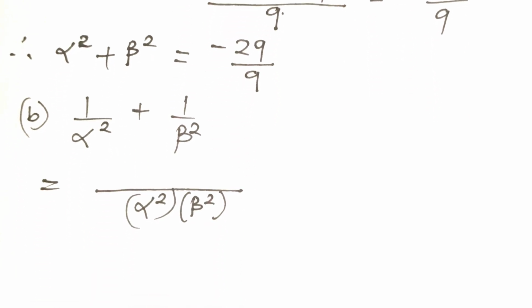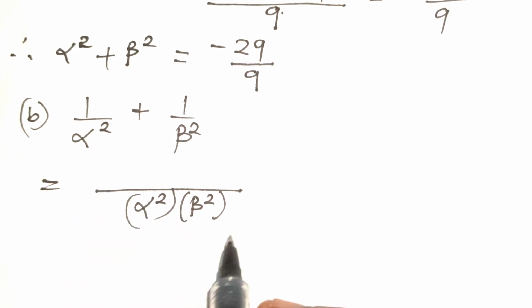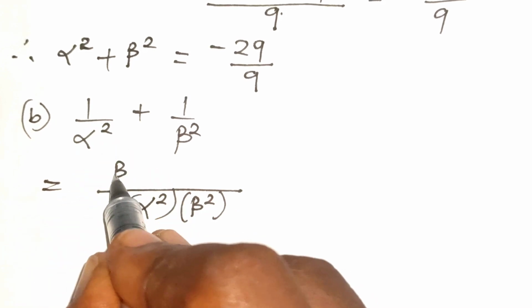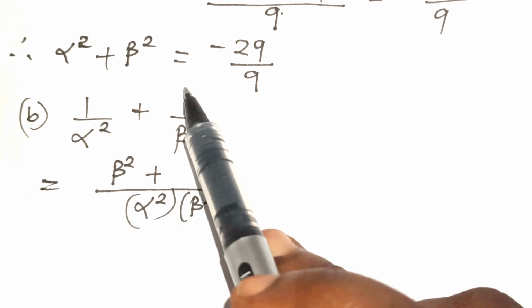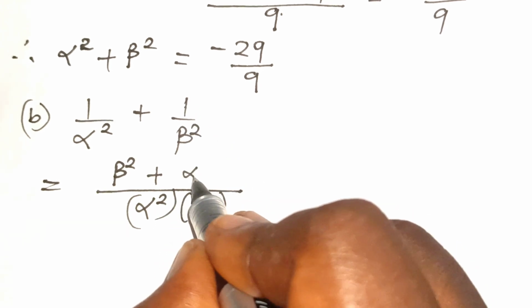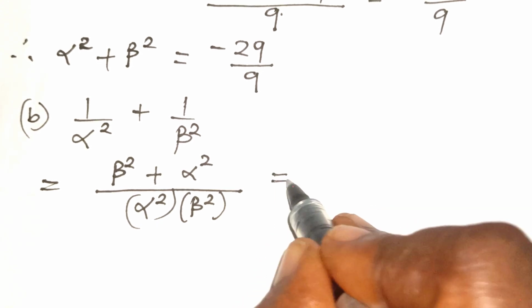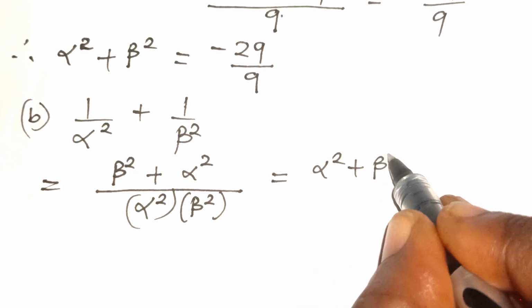Alpha squared into this will give us beta squared multiplied by 1, we still have beta squared, plus beta squared into this will give us alpha squared times 1, that is alpha squared. So beta squared plus alpha squared is the same as alpha squared plus beta squared.